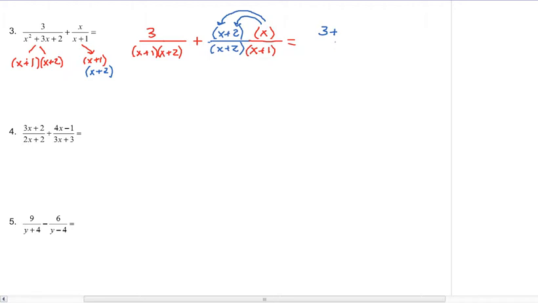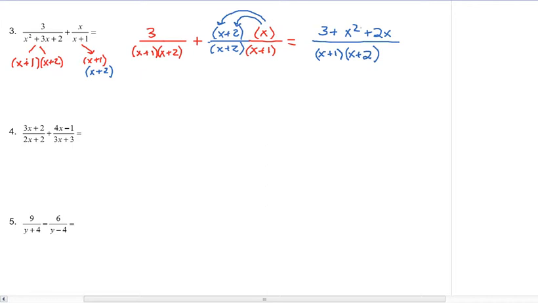So it'll be 3 plus x squared plus 2x, over what we had, x plus 1, x plus 2. The bottom we can just leave as 2 sets of parentheses. I think that's a really good way for us to write it for now.